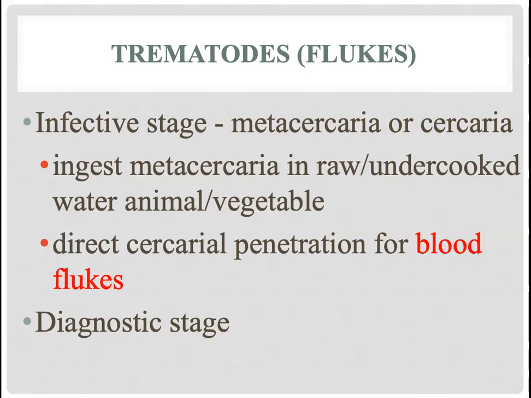And we have to get infected with that by actual cercarial skin penetration, meaning we do not ingest the cercaria. It gets punctured through our skin, much like direct penetration with the hookworms when we talked about the nematodes. So lots of new terms here. We've got a metacercaria stage and a cercaria stage.